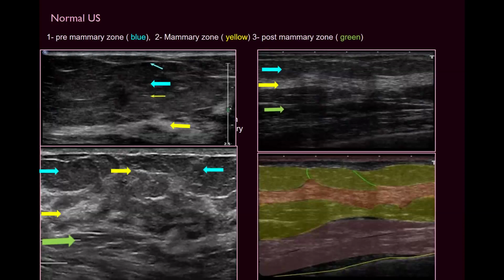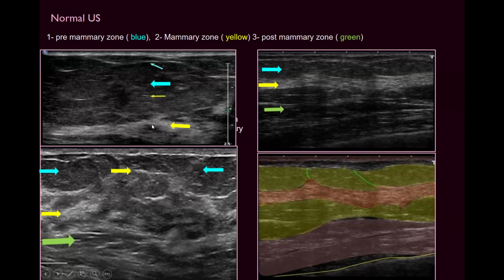More examples here. It is clear in this colored version of the ultrasound image, this thin layer of residual mammary zone seen in yellow, in front of which the green is the pre-mammary zone or subcutaneous fat, and this is a good amount of retro-mammary zone.